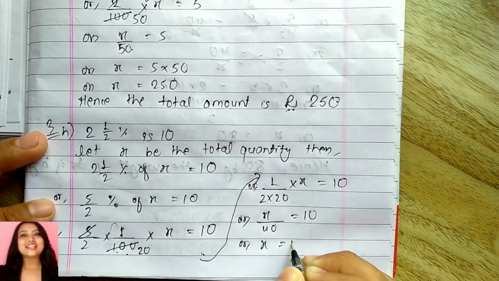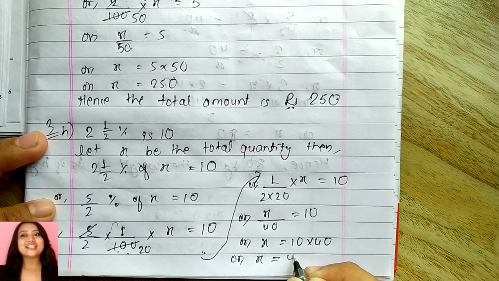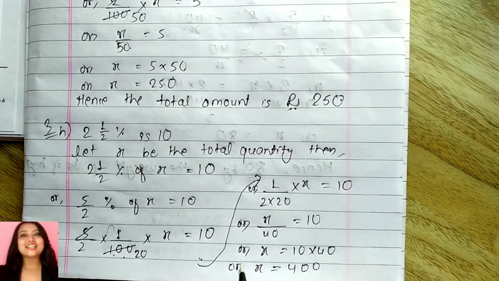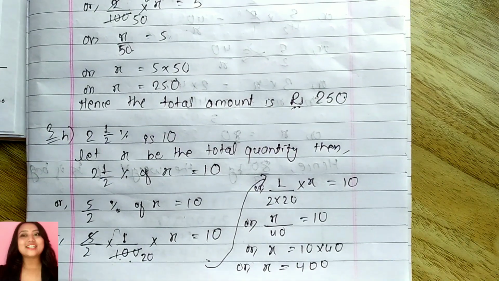So x equals 10 into 40, that means the remaining is 400. Hence now you have to write the conclusion also. Hence 400 is the total quantity. Like that you have to do.